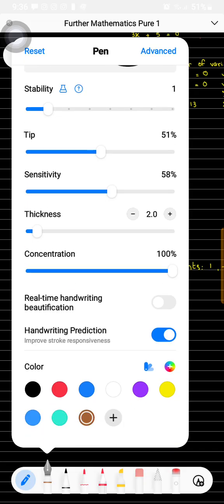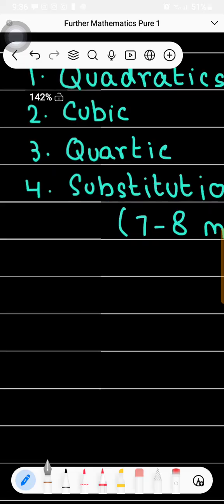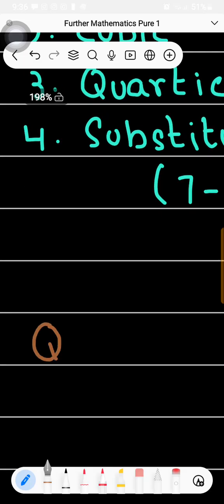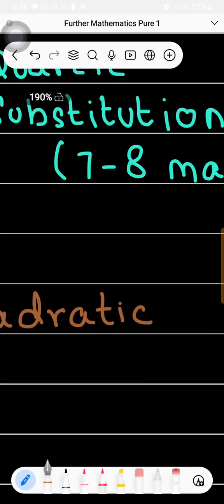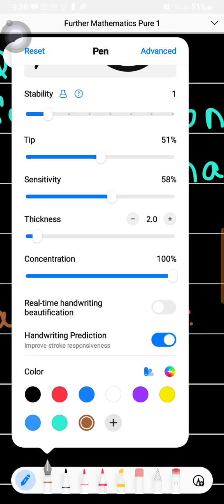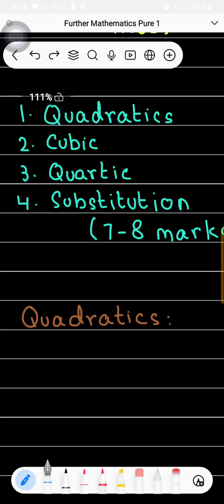So let's start our first topic, quadratics. Quadratics is our first topic, and now we are going to start this. What is quadratics?